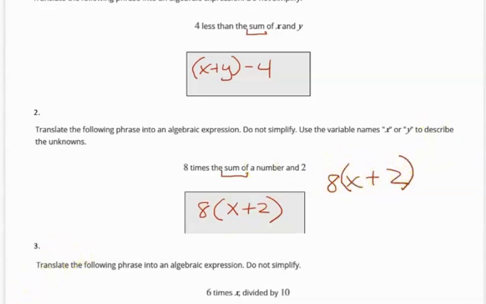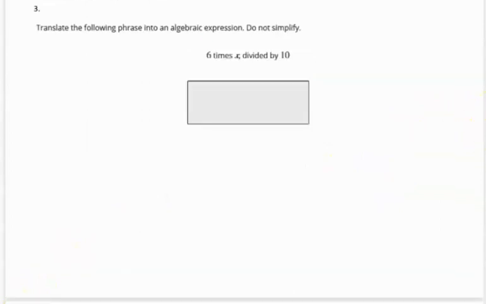Let's go on. Take a shot at this. Now, since it's divided, we would write this 6x divided by 10. That would be more the algebraic way. The arithmetic way would be 6x divided by 10.